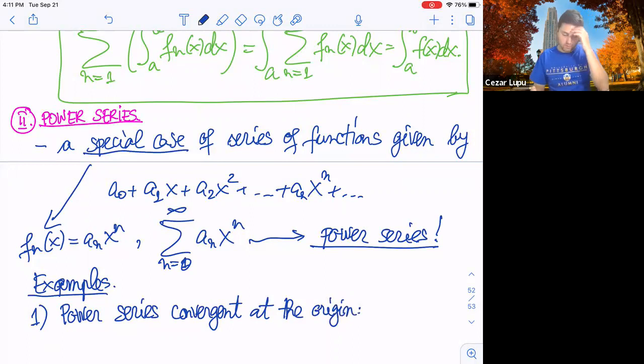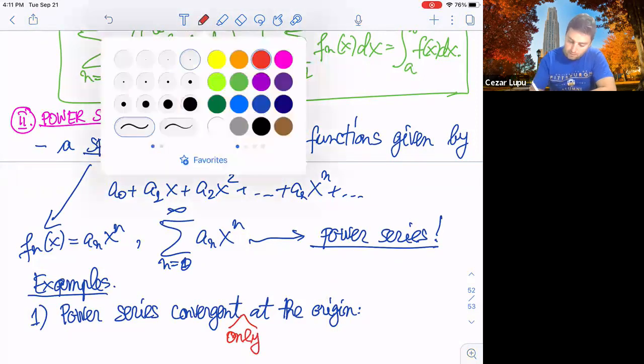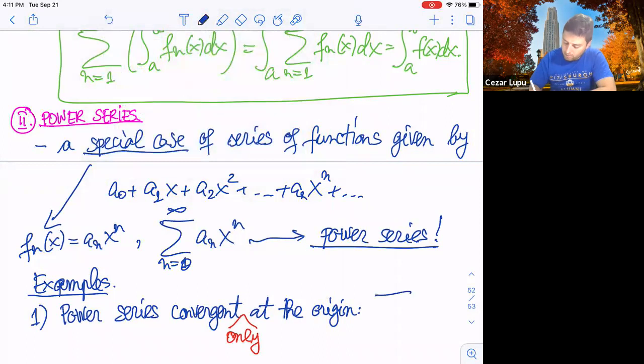Let's say only at the origin. Let me be specific. So if we want that, we can go with this: n factorial times x to the n. So this will be convergent only at the origin.